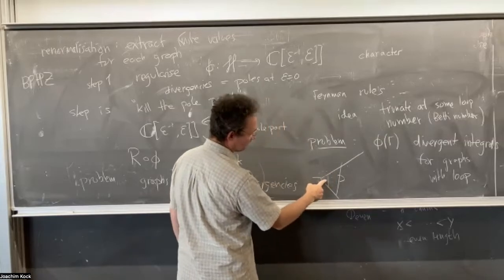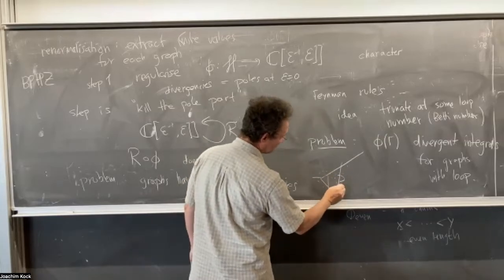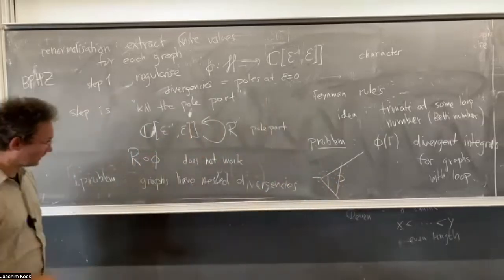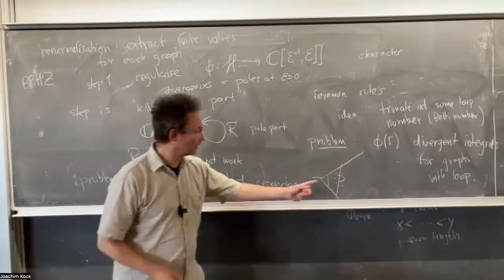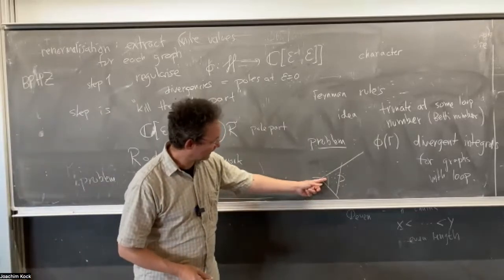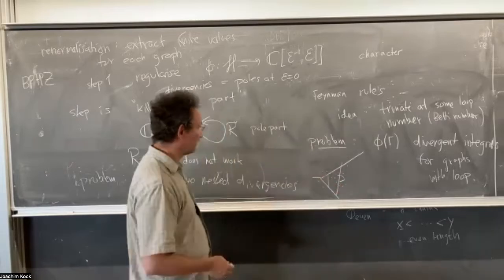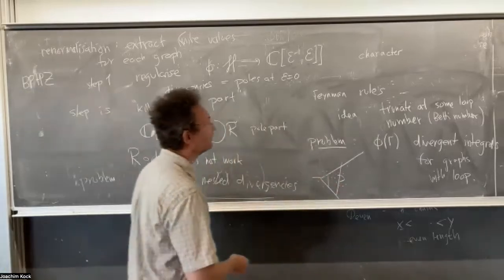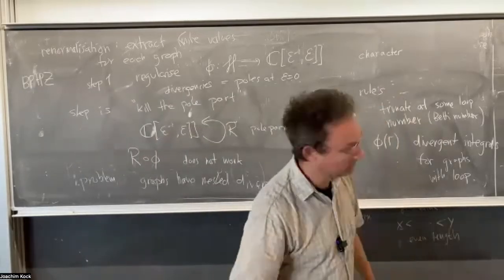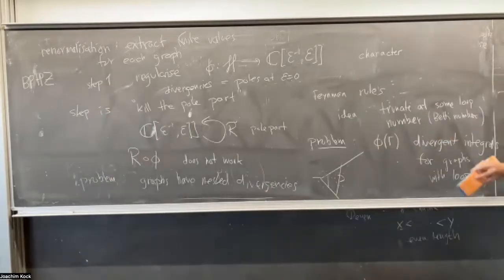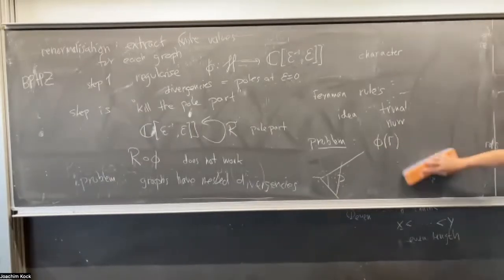There's one little graph with a loop here and another little graph with a loop here. And you have to handle these sub-divergences before you can do the whole thing. So you need some overcounting, undercounting, like people love in combinatorics.